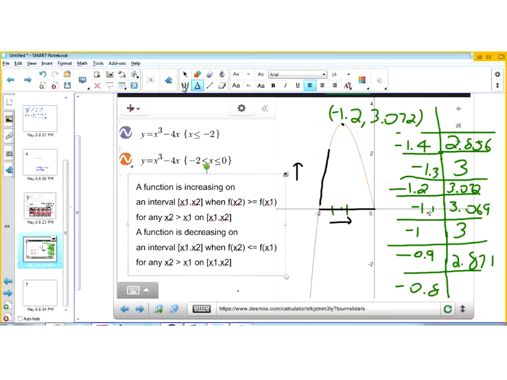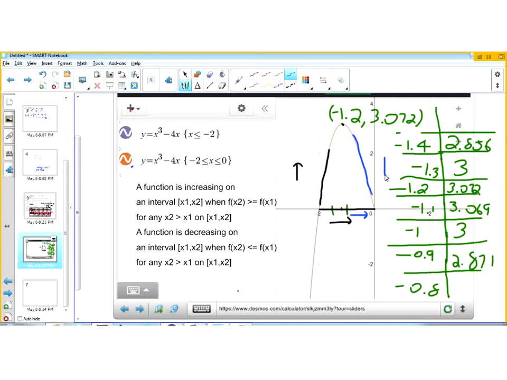All right? So we can readily see on this particular graph that as we go from our vertex, as we increase in x values from -1.2 to 0, what's happening to the function? The corresponding outputs are getting smaller and smaller. You see that as x increases on this blue interval, the output values get smaller and smaller. And so we say that the function is decreasing on the interval -1.2 to 0.